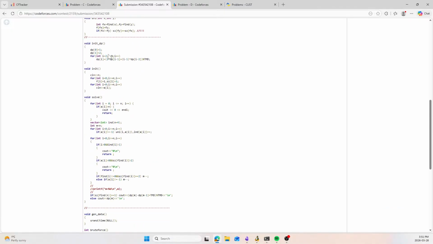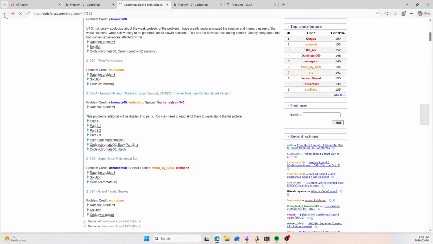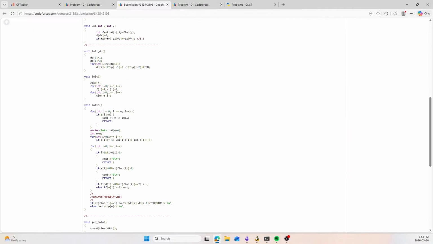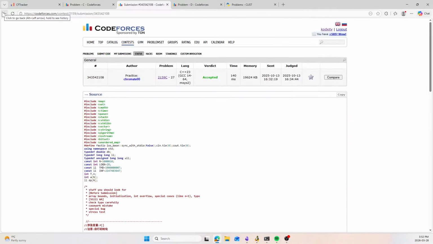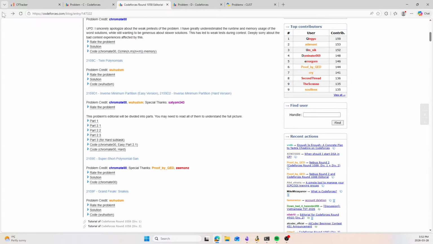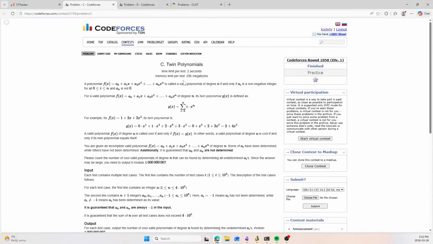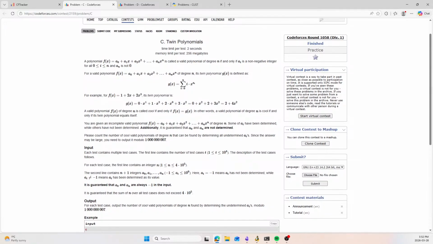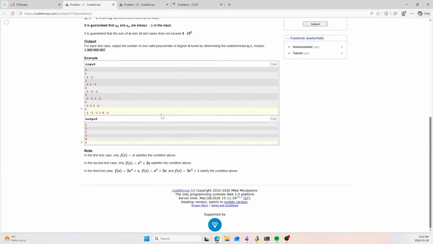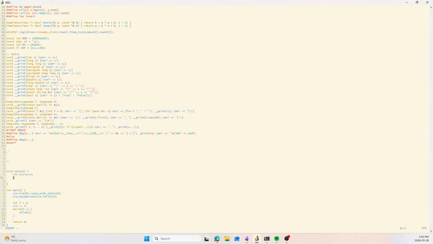No shot it's DP though. I saw DP, but I don't think it's DP. You literally prove that it's not even. I don't believe this. I'm coding it out.